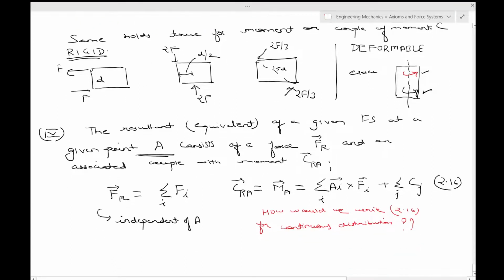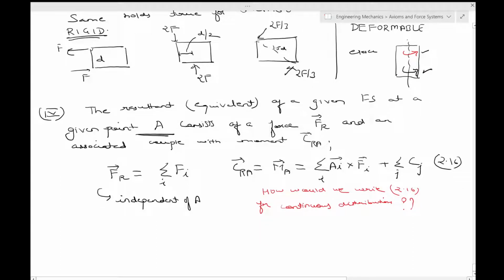You should try to think about it and perhaps come up with an answer. You can pause it for now and see if you can try to answer. Line distribution, area distribution, volume distribution, all of them you should be able to write.